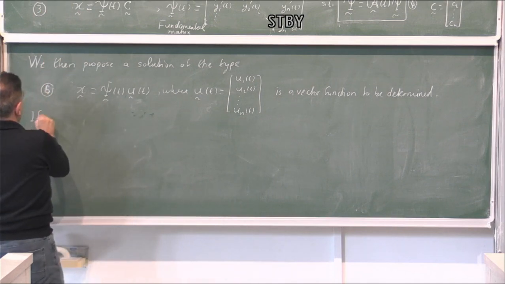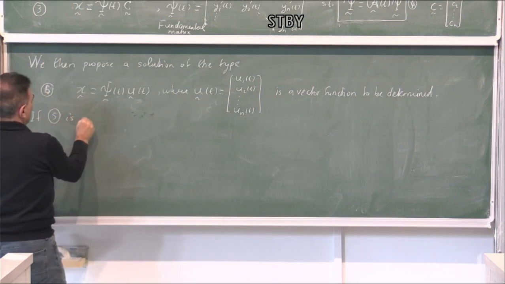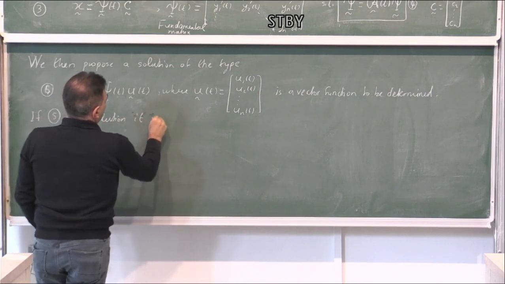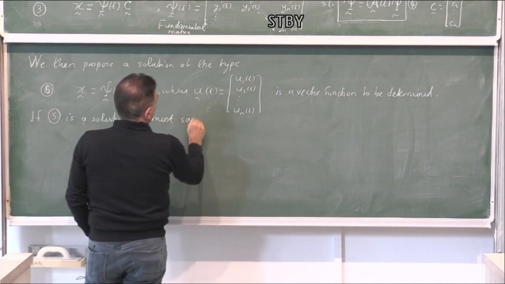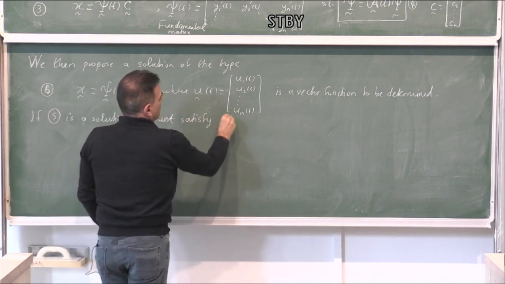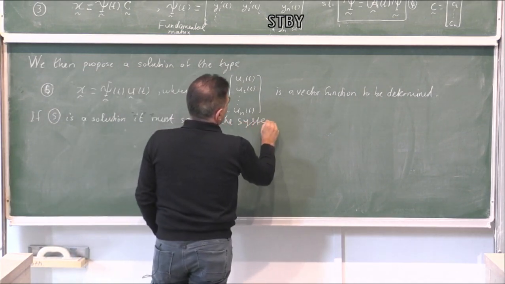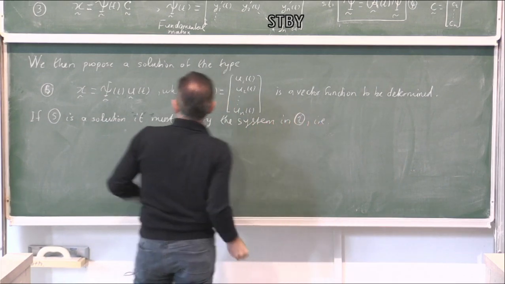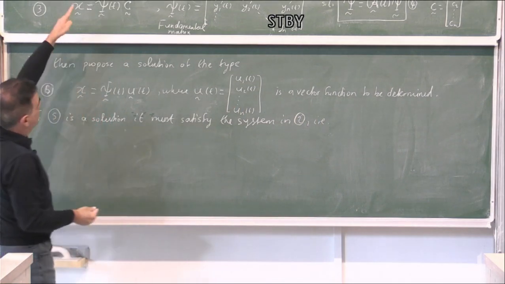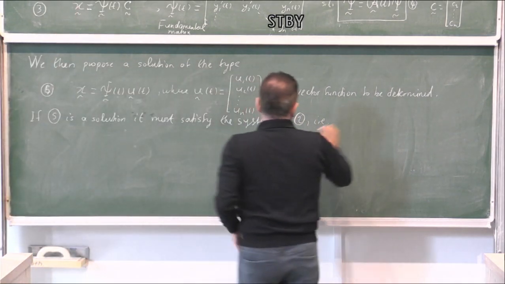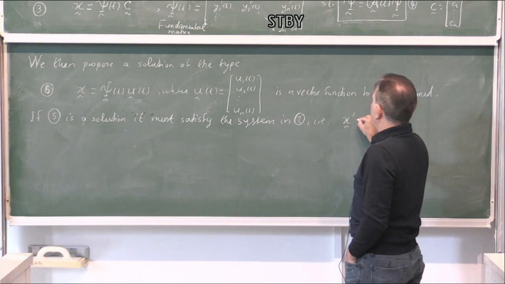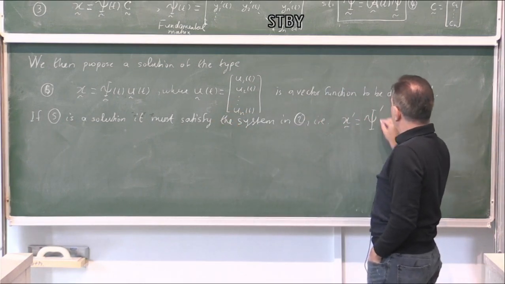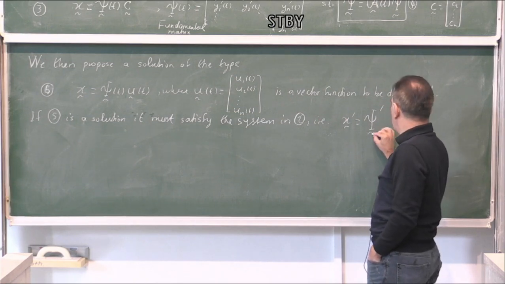So if 5 is a solution, it must satisfy the system in 2. That is, let's take its derivative. What is the derivative of that vector function? Be careful with the order of matrix and vector.